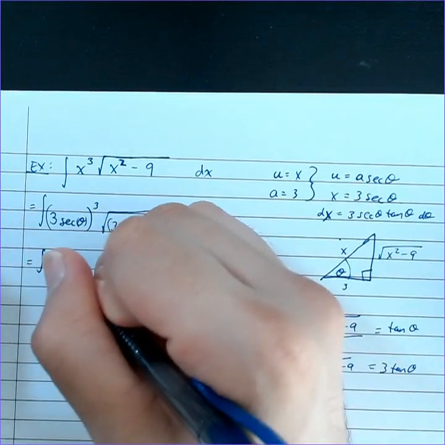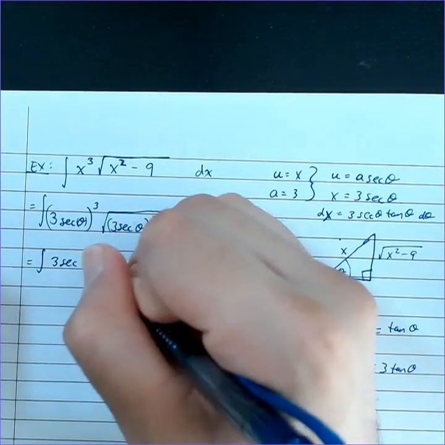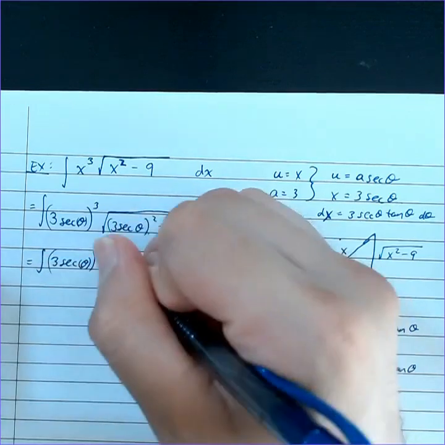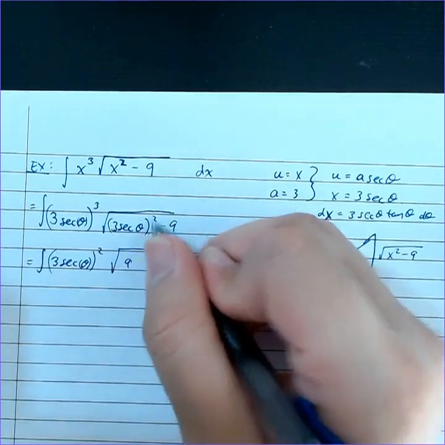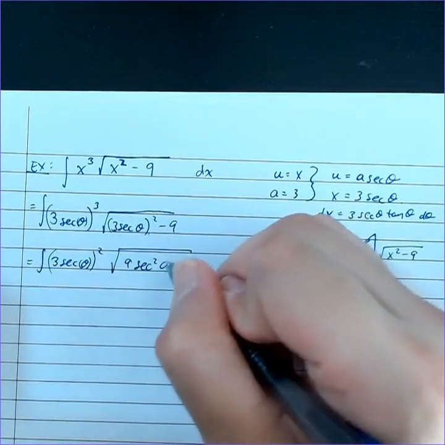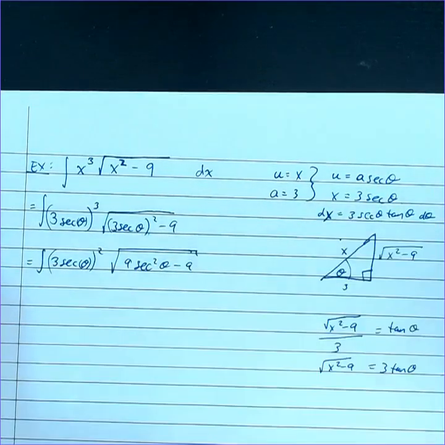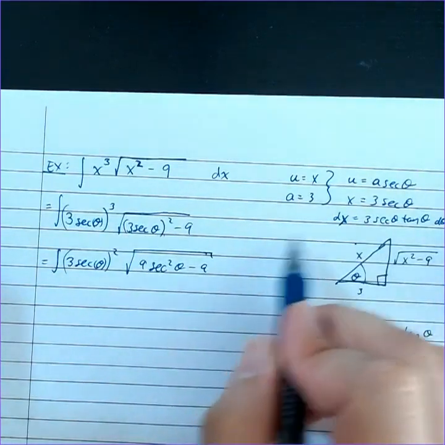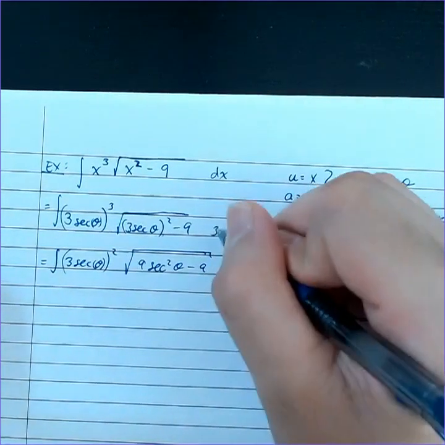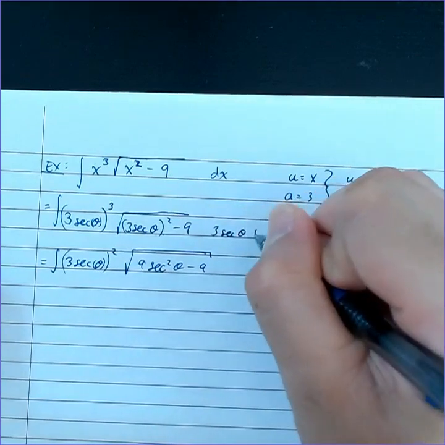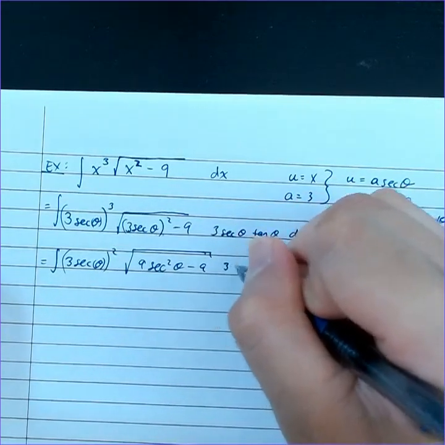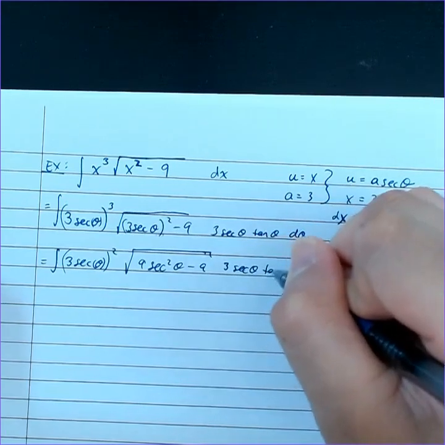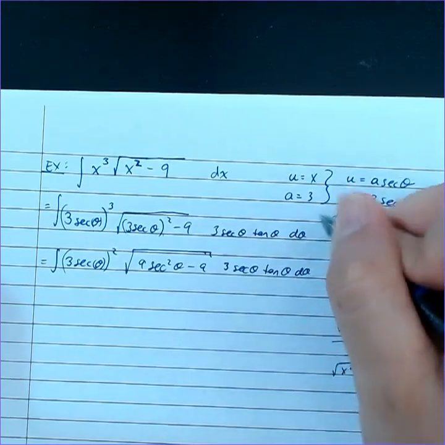That's going to be 3 secant of theta quantity cubed, square root of, that's 9 secant squared of theta minus 9. Our dx is going to be 3 secant of theta tangent of theta d theta.